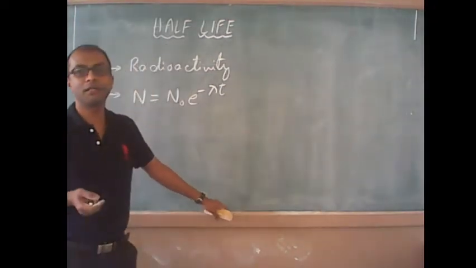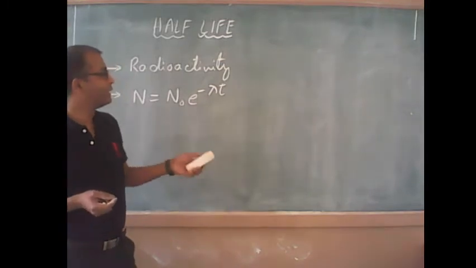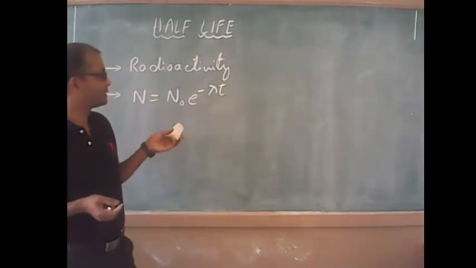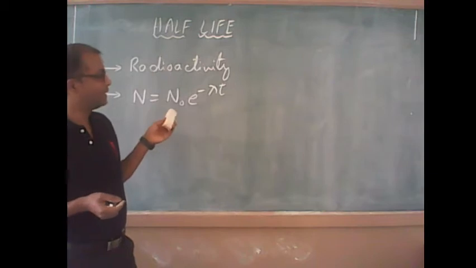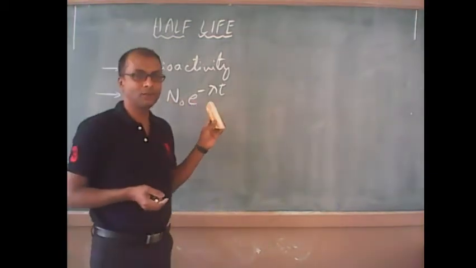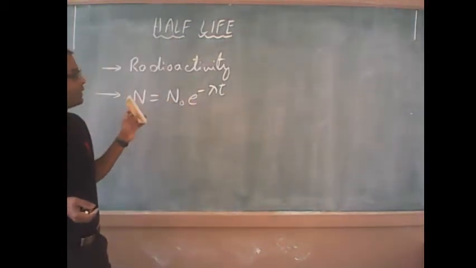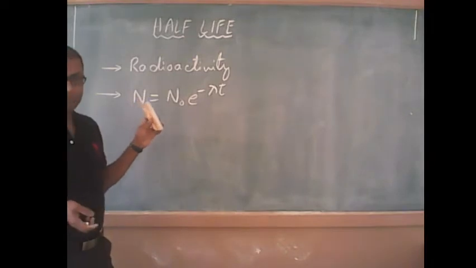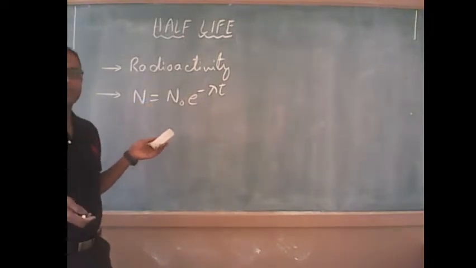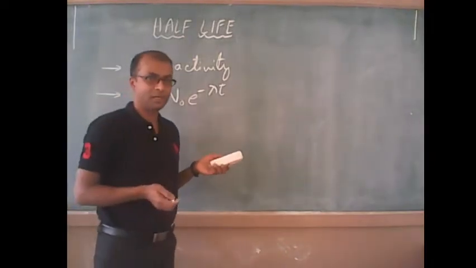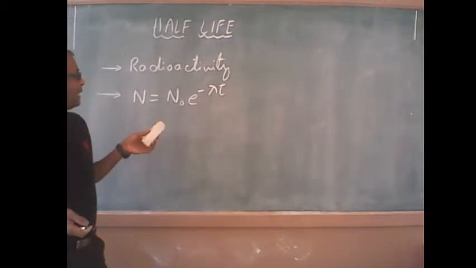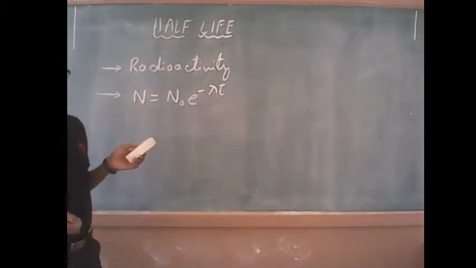This is the phenomenon in which some substances spontaneously disintegrate, or rather the nuclei of some substances or elements are unstable and they spontaneously disintegrate into different forms. They undergo a decay process, emitting particles and radiations.